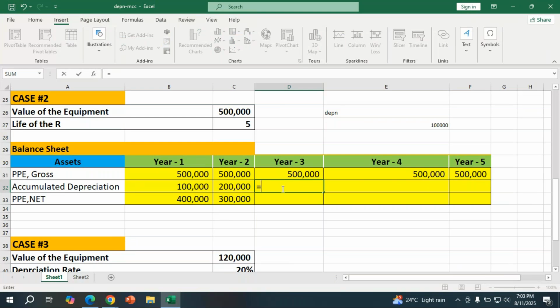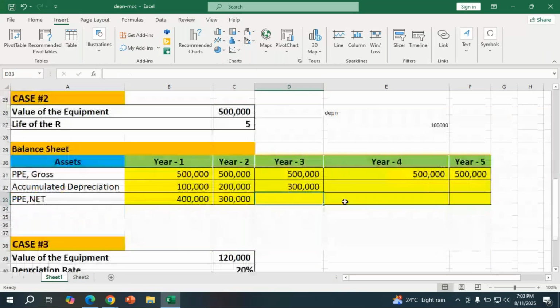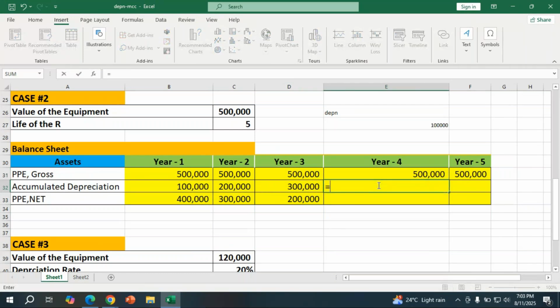So again for the fourth year, this plus 1 lakh. 3 lakhs. So just 2 lakhs. Again for this year, 3 lakhs.